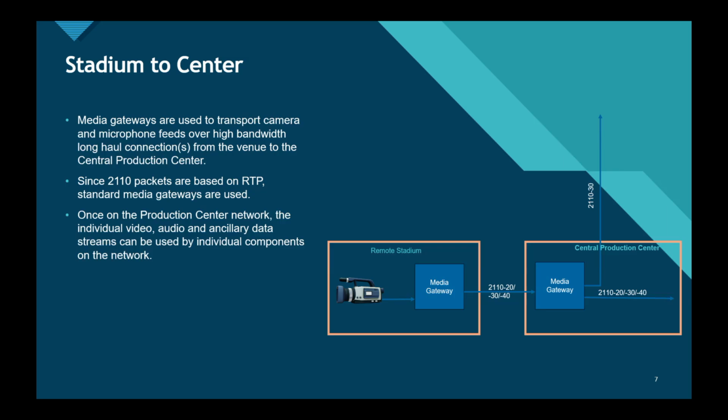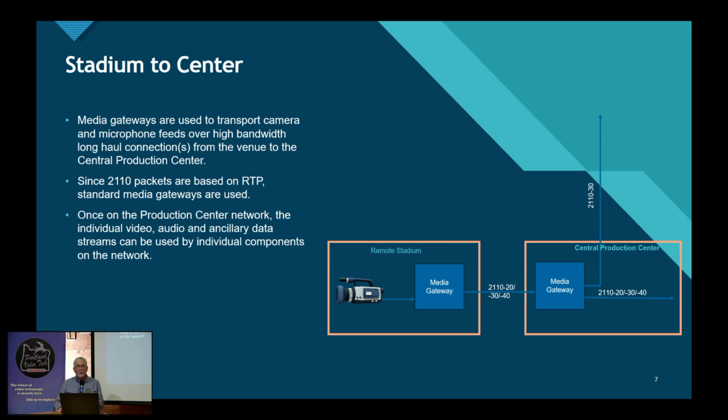Now let's look at the first step, and that's where you have a remote stadium venue that has a number of cameras and microphone feeds. Those feeds have to be moved to the central production center. What is used is media gateways, which move them over the long haul connections from the venue to the central facility.